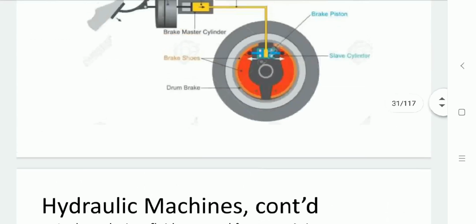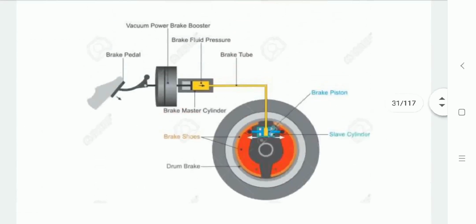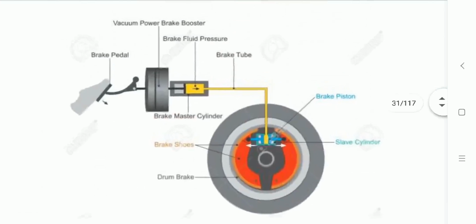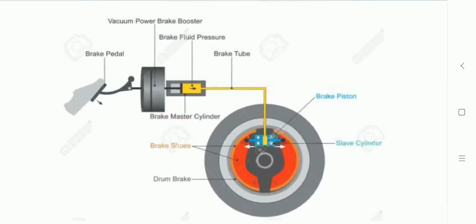Now, let us understand another application, the hydraulic brake, as you can see over here in the diagram. The hydraulic brake also works on the same principle of transmission of pressure. When we apply a little force on the pedal with our foot, the master piston moves inside the master cylinder and pressure is transmitted through the brake oil, which acts on a piston of larger area.